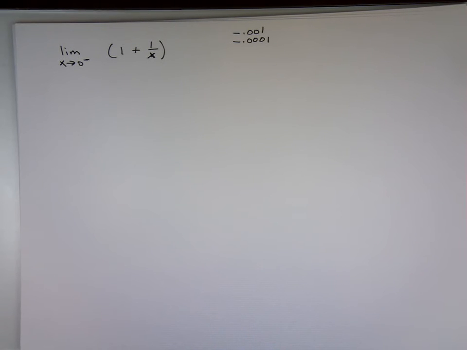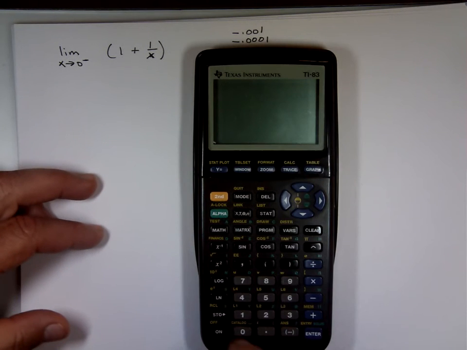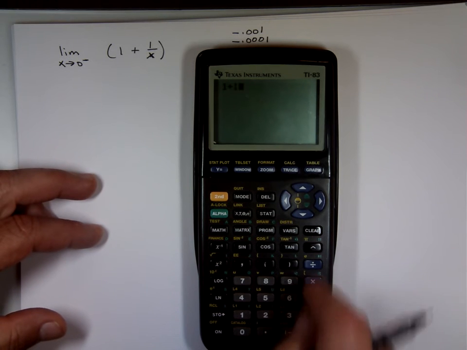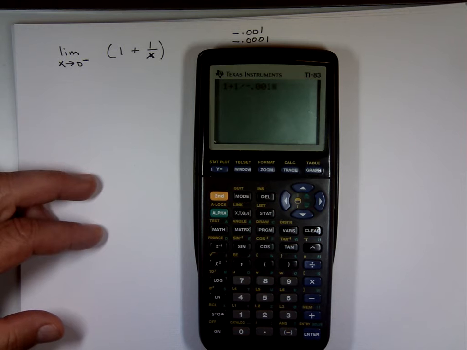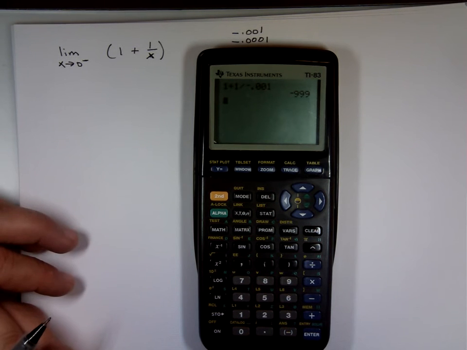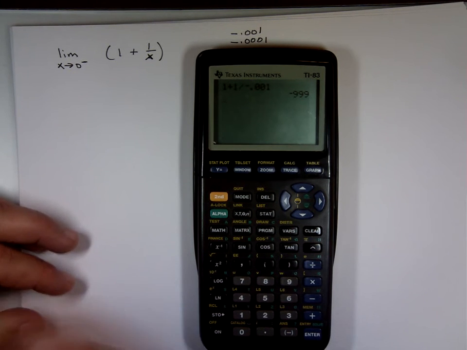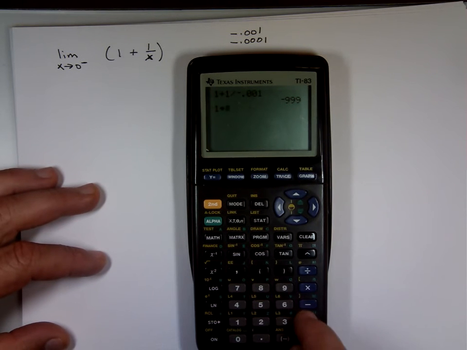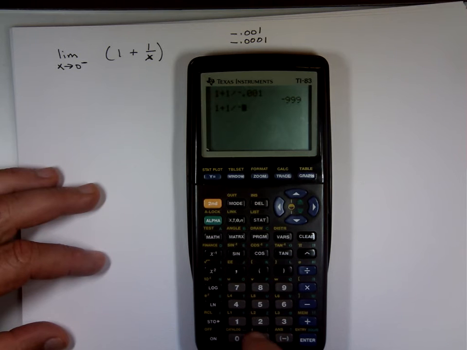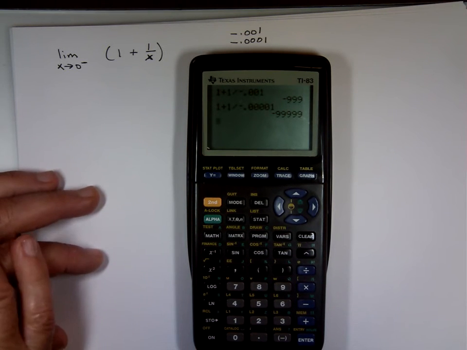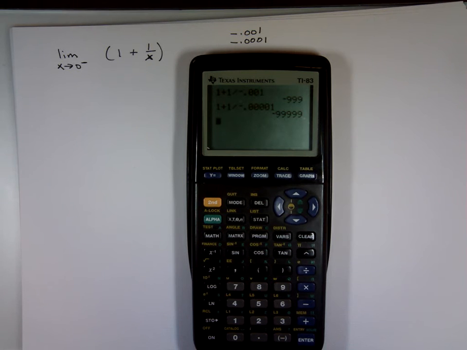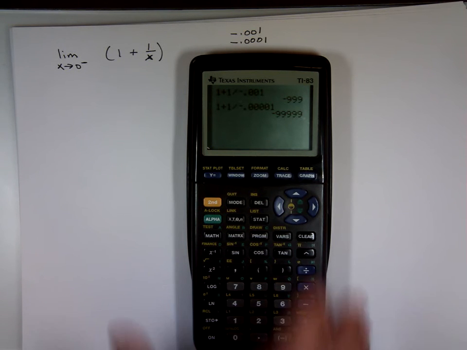I go 1 plus 1 divided by negative 0.001. Negative 999. Let's get closer. 1 plus 1 divided by negative 0.00001. And what do you see that number is going toward? Negative infinity. Plug in a few points and you have the answer.